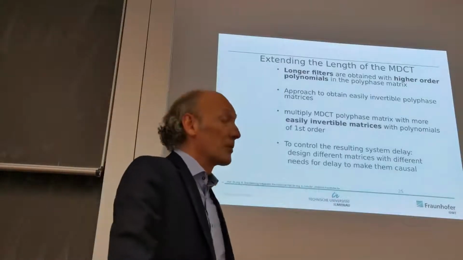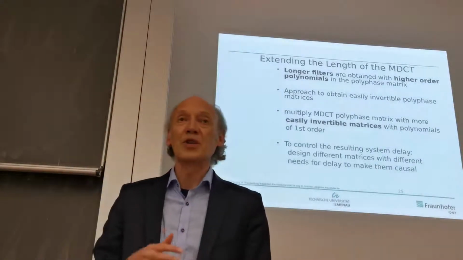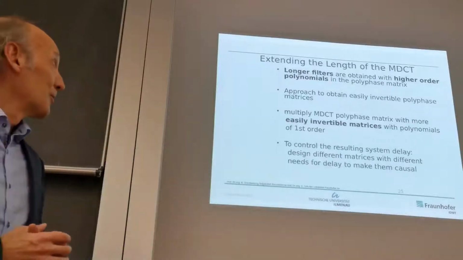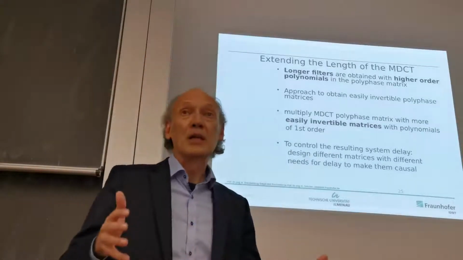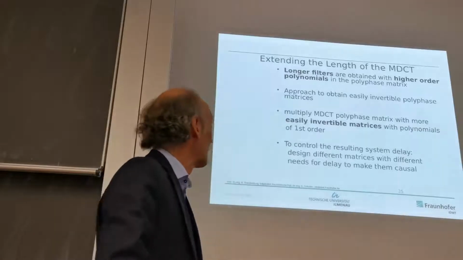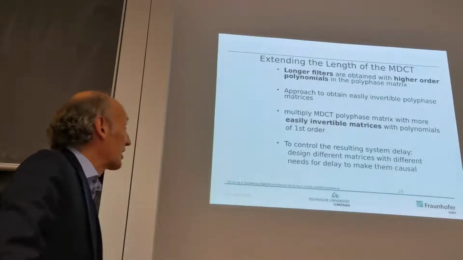And it's also desirable to be able to extend the MDCT length without increasing the system delay. Because usually the longer we make the filter, the more delay we have, but often this delay is not desirable. So this is what we want to talk about next.